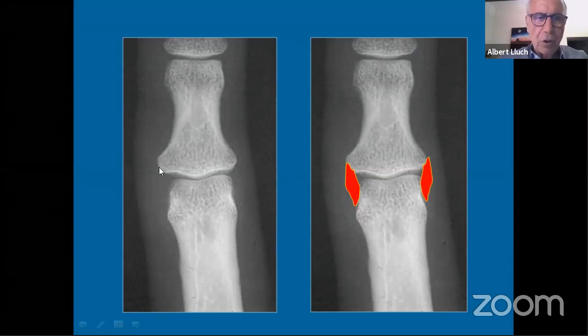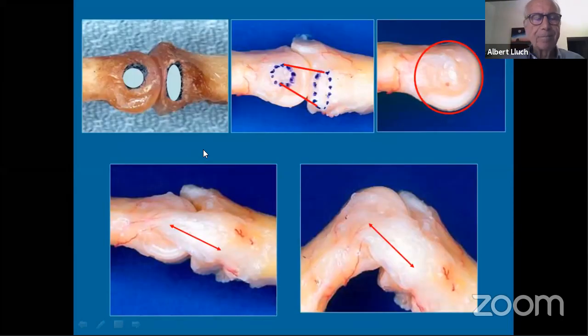This is just to show you how thick the collateral ligaments are. The knuckles here, if you touch your finger, they are really thick, but the bone is much smaller. So all this space is occupied by the collateral ligaments. The collateral ligaments in the PIP joint, this is the proximal phalanx, here the middle phalanx.